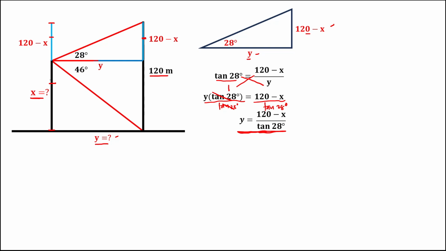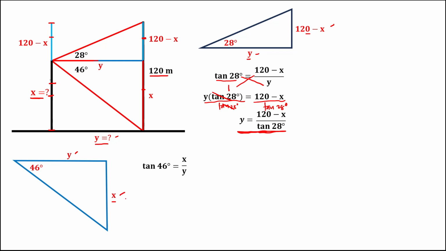Then to find the second equation, using the second right triangle, this side is equal to x. So using now this right triangle, we have x, this is y, and the angle, that's 46 degrees. From this given right triangle, we have the opposite and the adjacent. So using the tangent function, tangent 46 equals the opposite, that's x, over the adjacent, that's y.